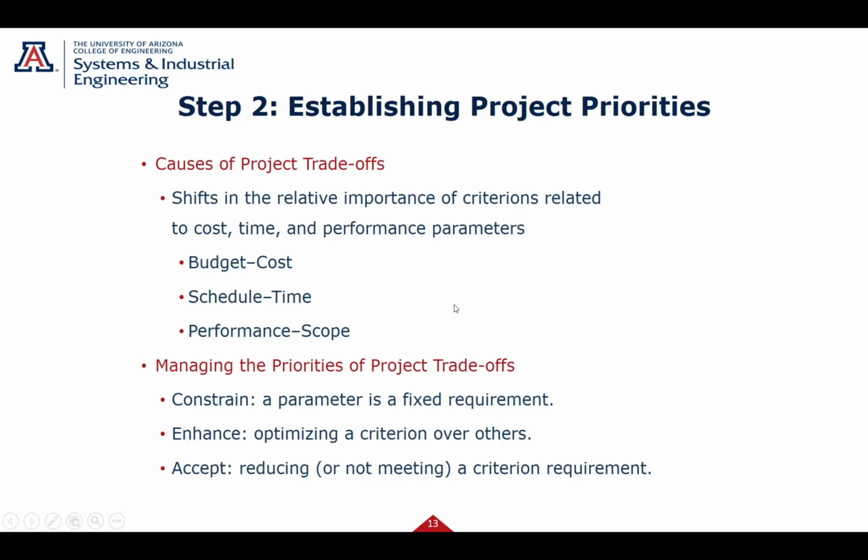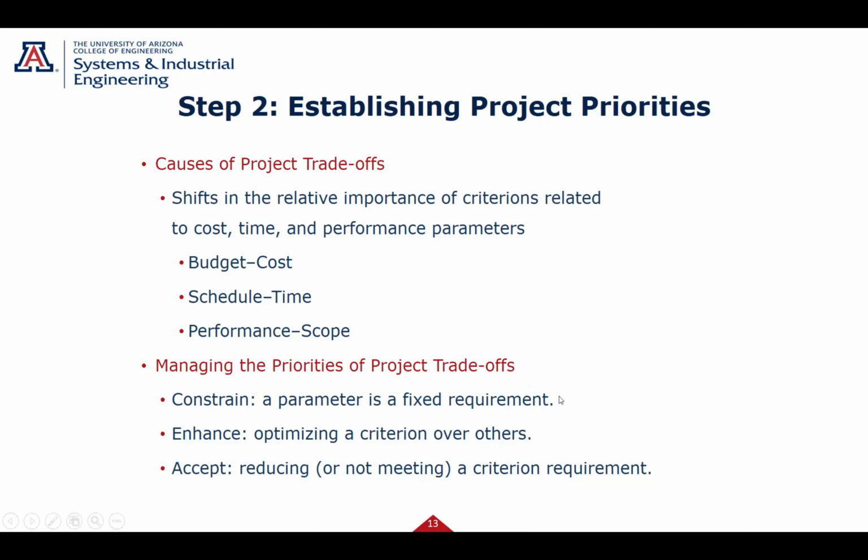Maybe you're providing a payload for a rocket that's being launched by SpaceX, and their launch date is such and such. You cannot change the schedule. So you have to get them something on that schedule. Okay? They might accept a little less performance, might not be happy, but accept a little less performance, but you have to meet that schedule.